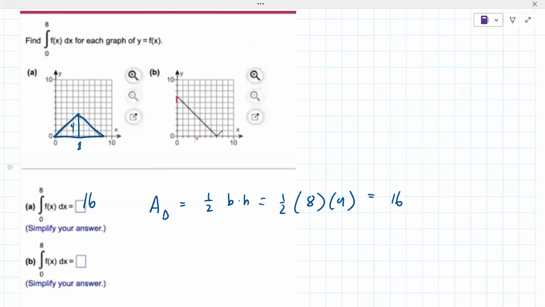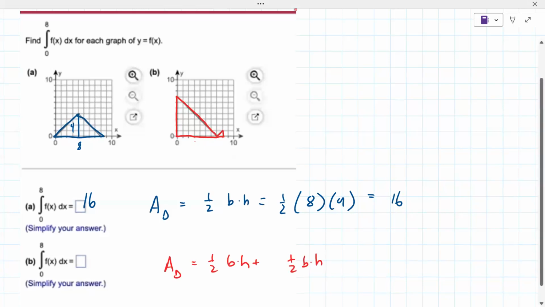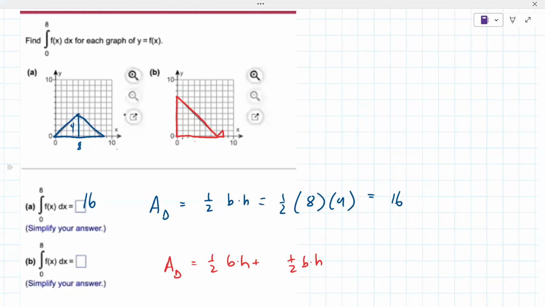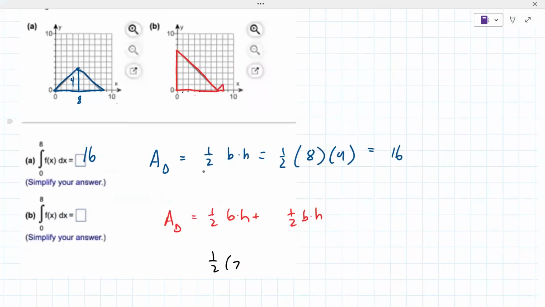For number two, it's two triangles. It's this first one and then this little one here. So it's still 1/2 base times height for the first one plus 1/2 base times height for the second one. So that first base, 1, 2, 3, 4, 5, 6, 7. For that first one in red, it's 1/2 times 7.